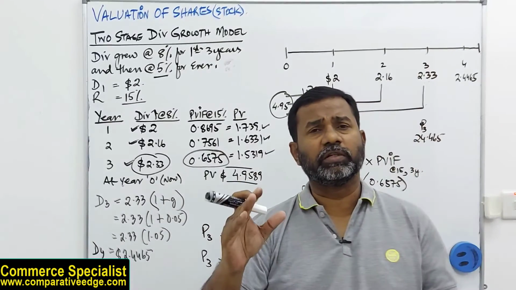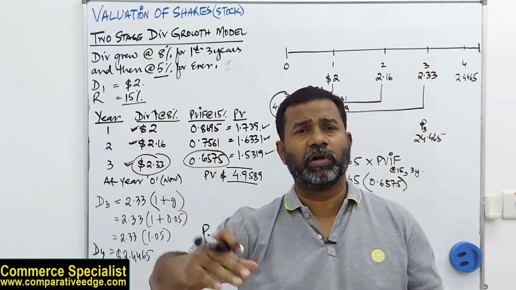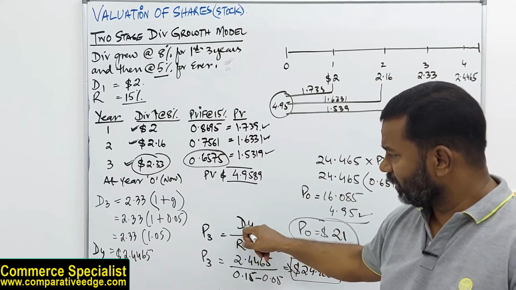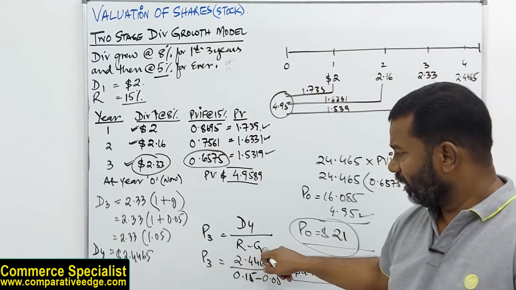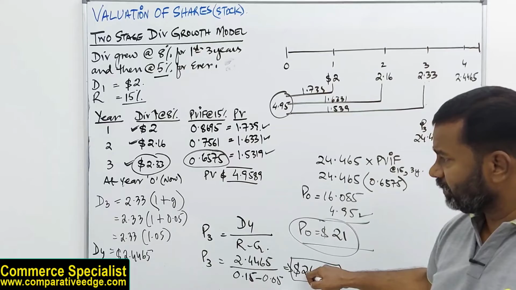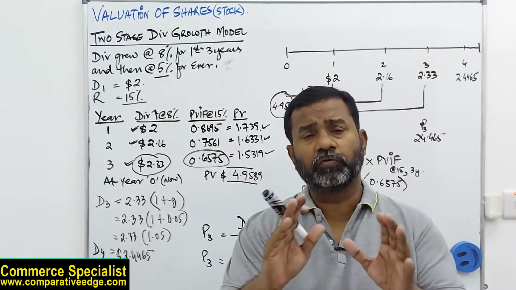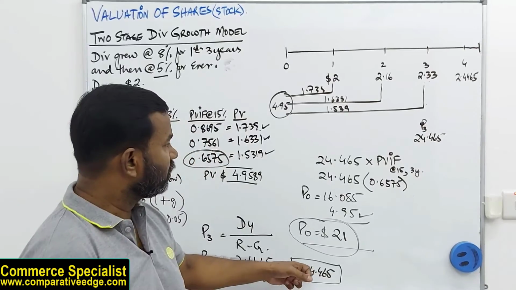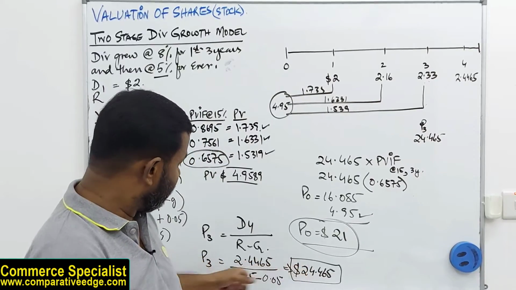Remember, P0 is equal to D1 into (1 plus g) upon (r minus g). So because it was dividend at this, I took D4 divided by (r minus g). So this gives me 24. This is the share price for the dividend which grew 4th year onwards. Share price, okay, at year 3.